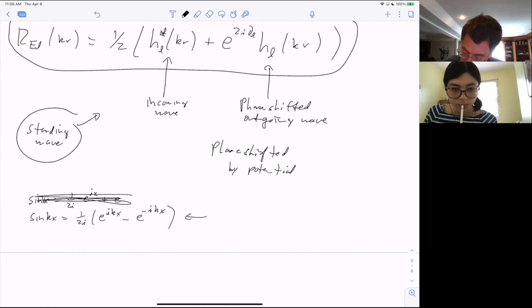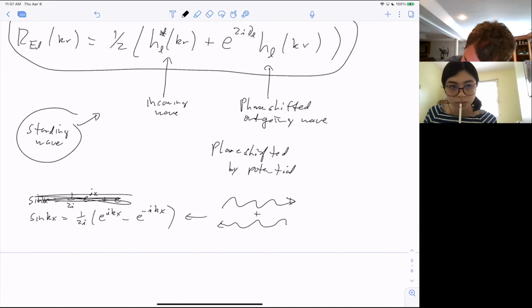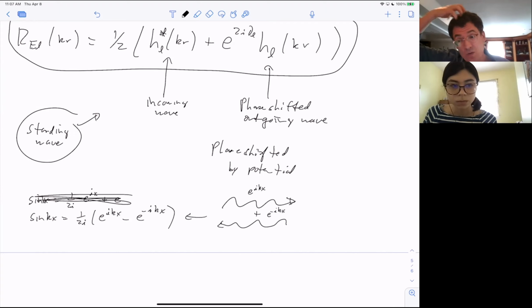Sine of kx is a standing wave, but e to the ikx is a traveling wave. That's a right moving traveling wave plus a left moving traveling wave: e to the ikx is right moving and e to the minus ikx is left moving. And that makes sense because sine of kx is like the wave function you get when you hit a wall and bounce. And this is actually quantum interference.